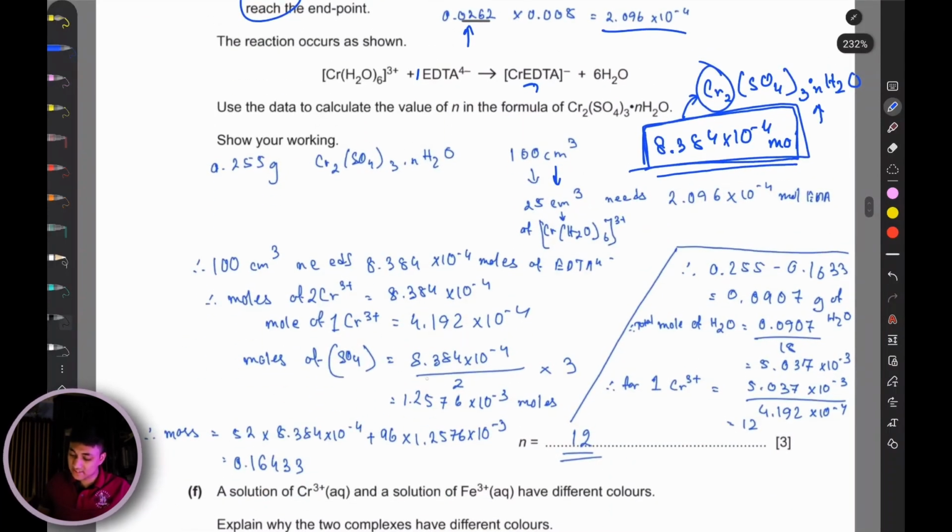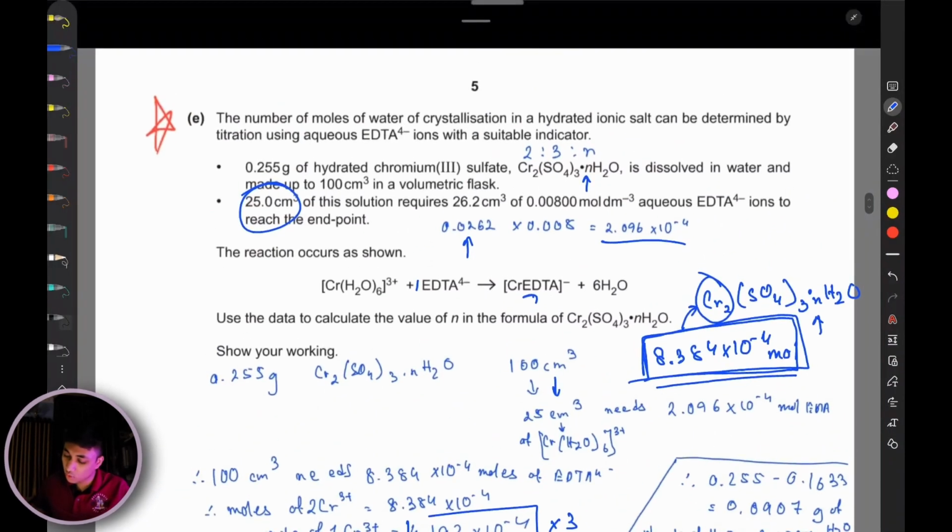So it's basically going to be this times 3, because with respect to 1 portion of chromium 3+ ion, there is 2 portion of chromium ion, there is 3 portion of sulfate ion, and there is n portion of water molecule. Again, I'll repeat. With respect to 1 portion of chromium ion, there is 2 portion of chromium, there is 3 portion of sulfate, and 10 portion of water.